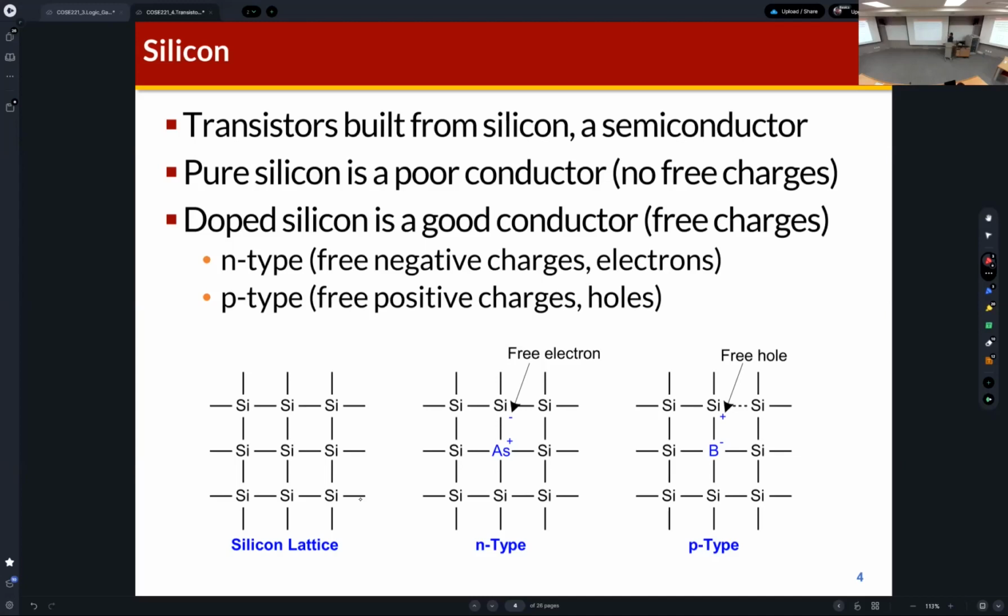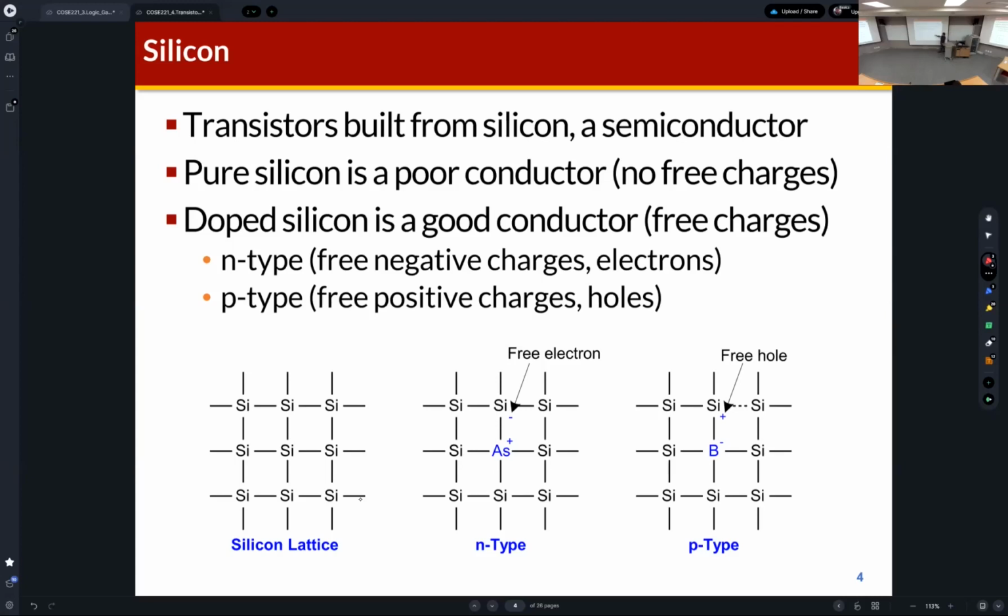But if we include other materials such as arsenic or boron, arsenic has 5 electrons in the outer orbit of the element, and boron has 3 electrons in the outer orbit of the element. So if we include other material in the silicon, then we can make different types of material.